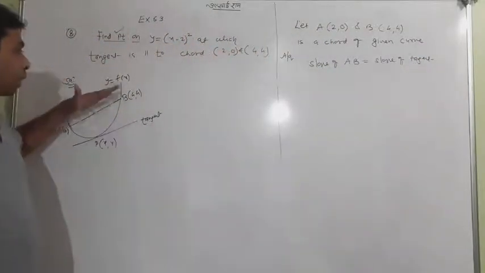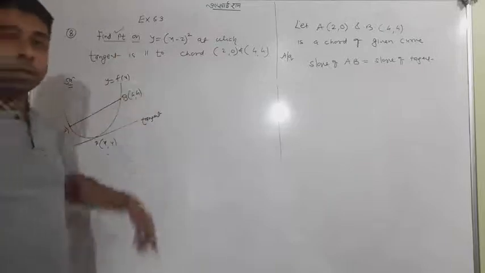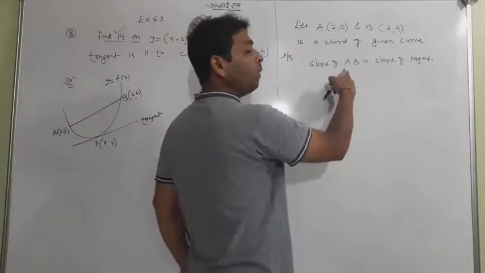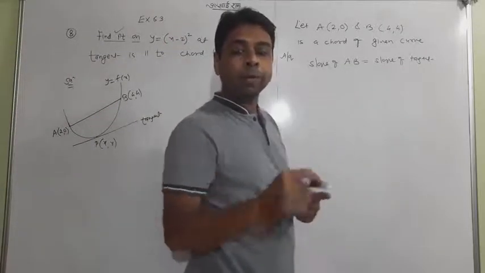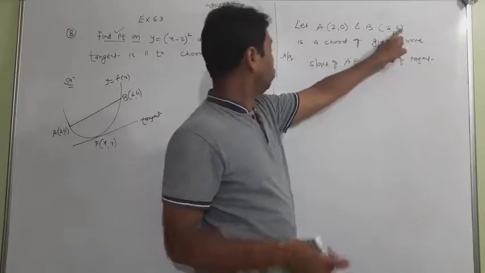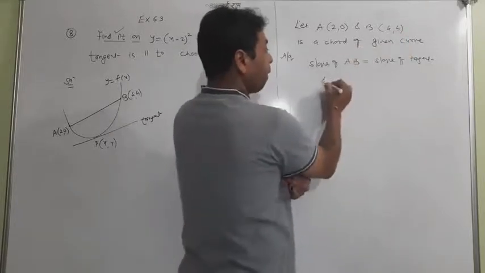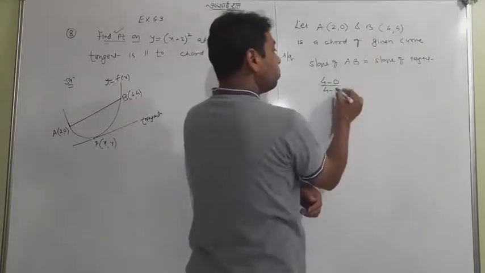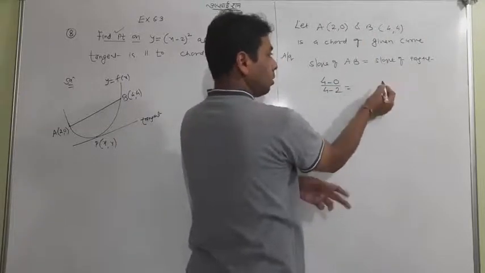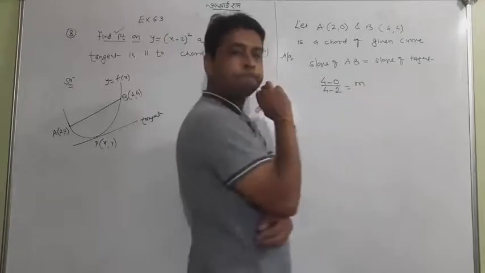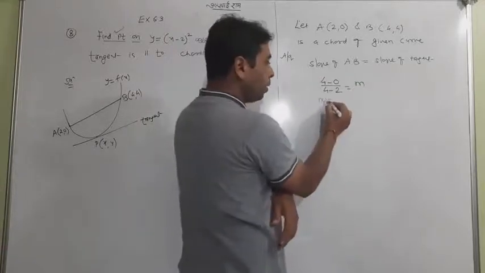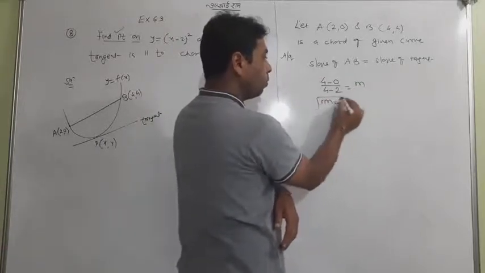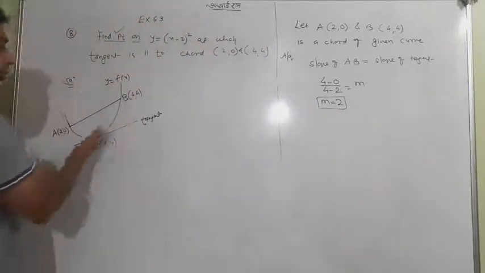Why? Because these two are parallel, the question says. And the slope of AB we can find by the formula y2 minus y1 upon x2 minus x1: 4 minus 0 upon 4 minus 2. The slope of the tangent is as usual m. So m will be 4 by 2, which is 2. This is the slope of the tangent.